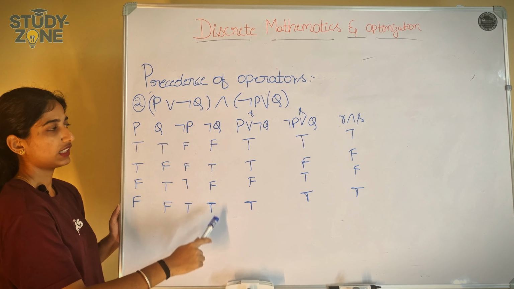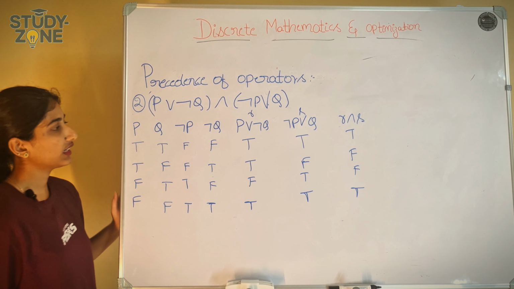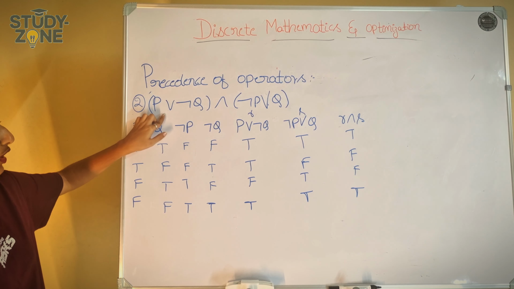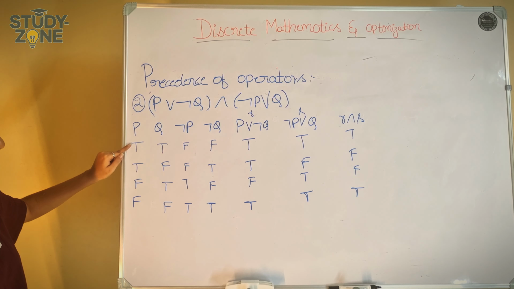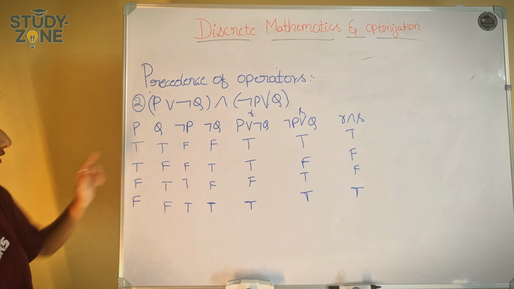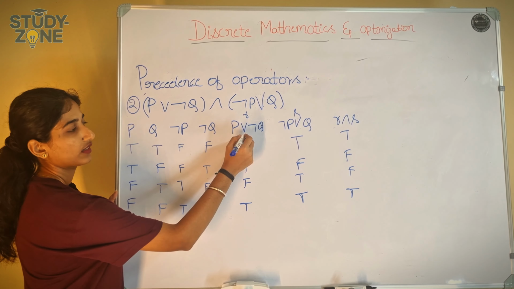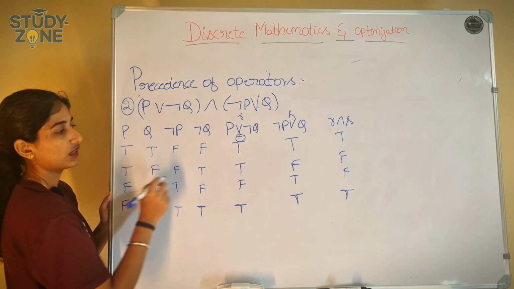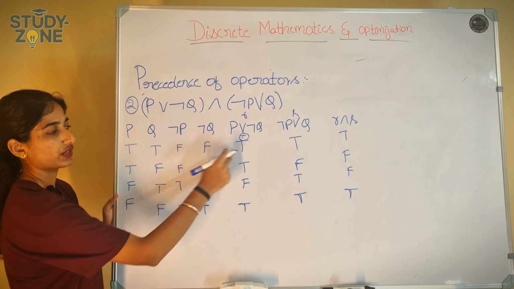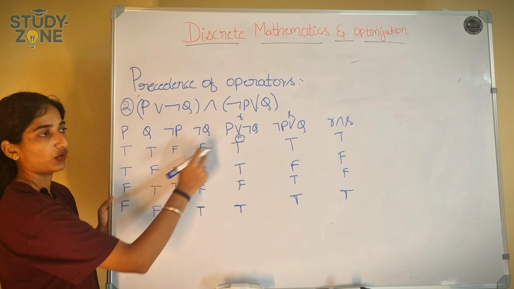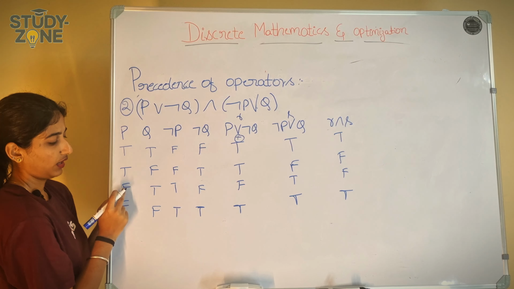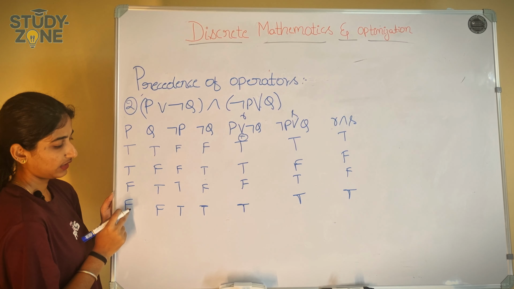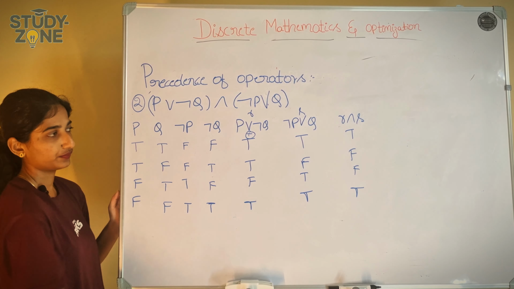So I wrote the negation of P and Q, and then what we have to solve first? We have to solve P or not Q. So P, here it is, not Q, here it is. Or means plus, right? So true, false, true, that is 1 plus 0, 1, 1 means true. True, true, true, true, false, false, false, and then false, true, true. Done.